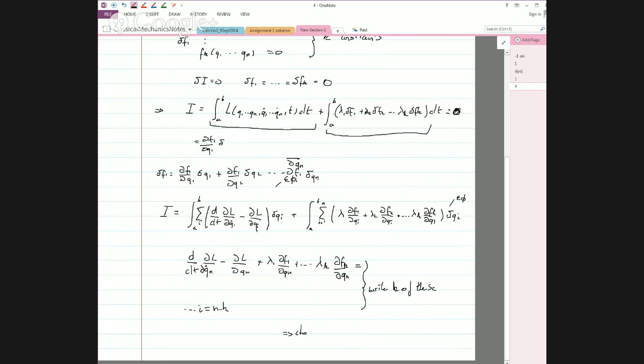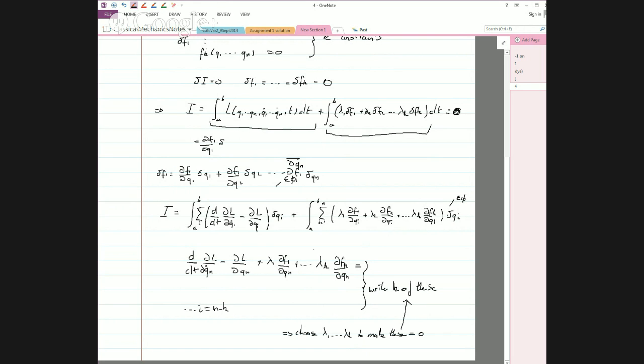So we choose lambda 1 through lambda k to make these equal to 0. So now we've eliminated the last k terms from the sum by choosing the lambdas so that these terms are equal to 0.